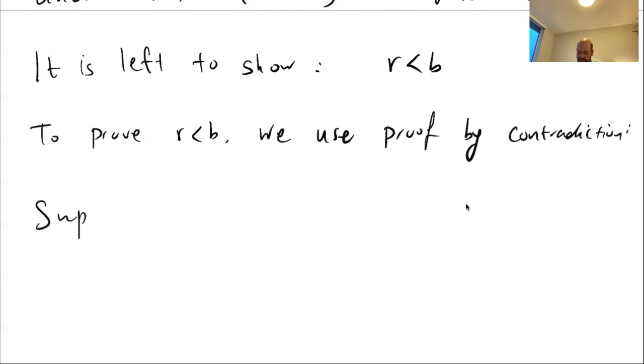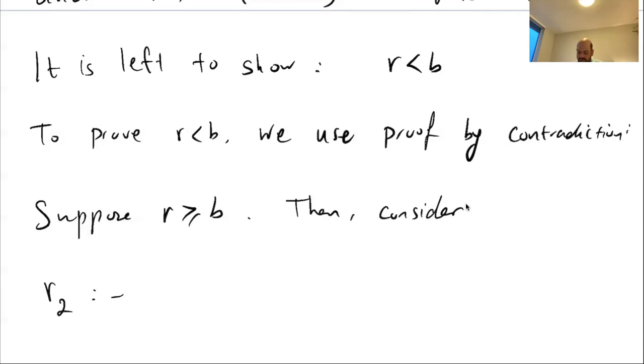So suppose R is bigger than or equal to B. Then consider, let me call it R2 equals R minus B, which is going to be bigger than or equal to 0, first of all, right?